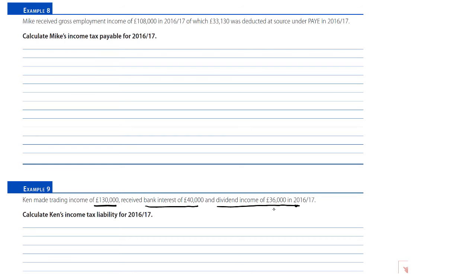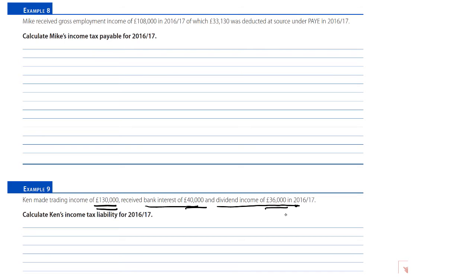And what that means, of course, is that very clearly we're going to be not just a higher rate, but an additional rate taxpayer. 130 plus 40 plus 36. In terms of any personal allowance that would be available, do you think now, given those levels of income, 130 plus 40 is 170, plus 36 is 206, do we think that any personal allowance will be available?